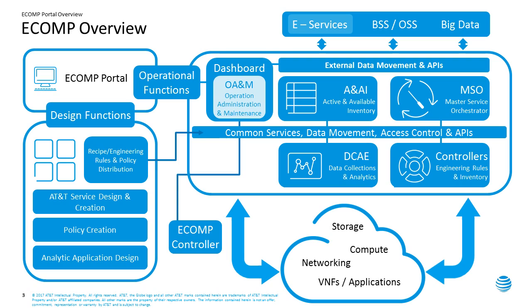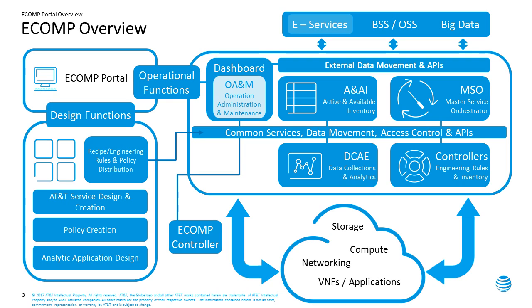So once a service or a VNF is designed, it's then deployed or it goes to the operational functions area. That includes a dashboard for OA&M, operation administration and maintenance. It has the other four components, including A&AI, MSO, DCAE, and the controllers.